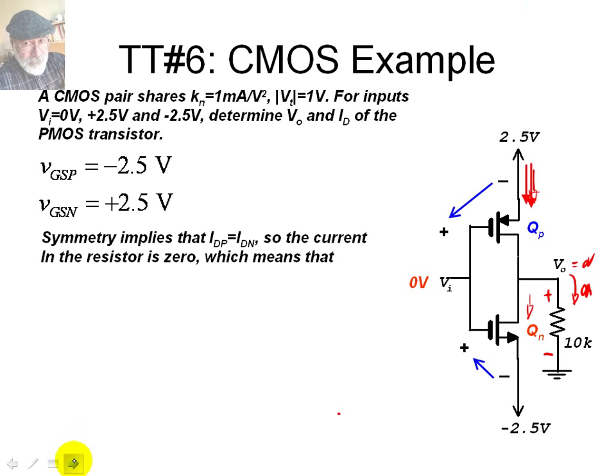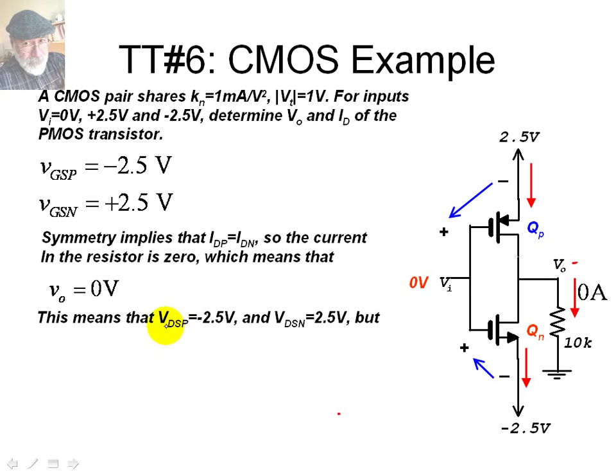That current and this current, they are the same. That means that this current is 0 amps. The implication is that V0 is 0. That means that VDS for the PMOS, this is V0, which is 0, and this is 2.5. So VDS for this one, this is drain, and this is the source, is negative 2.5.